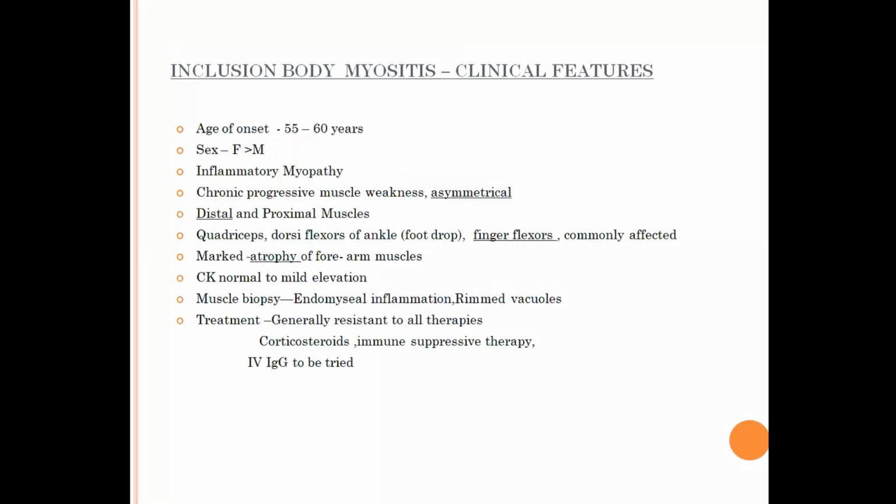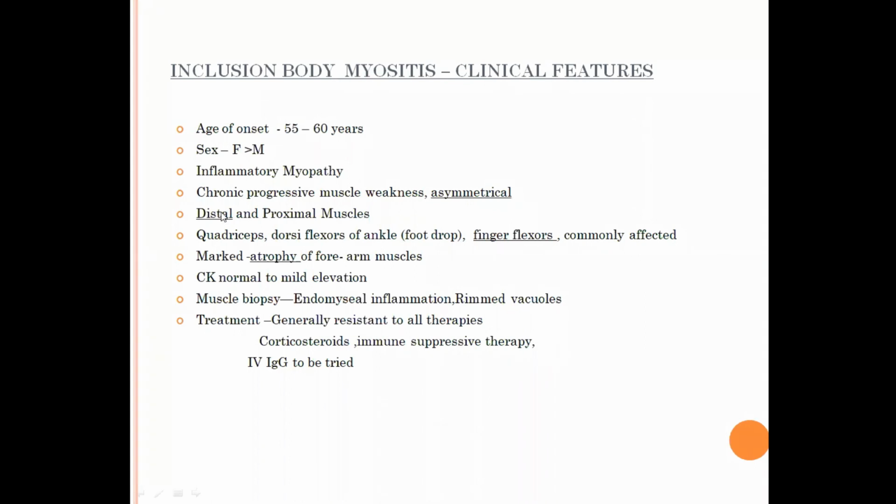Now there is another type of inflammatory myopathy, that is inclusion body myositis. Typical clinical features: it is late onset, 55 to 60, most often female. No doubt it is inflammatory because the biopsy shows inflammatory changes. But the point is that distal muscles are affected here.